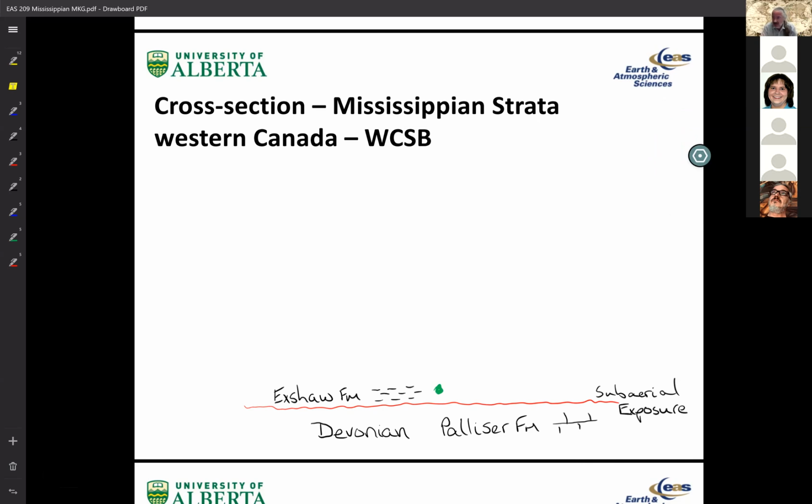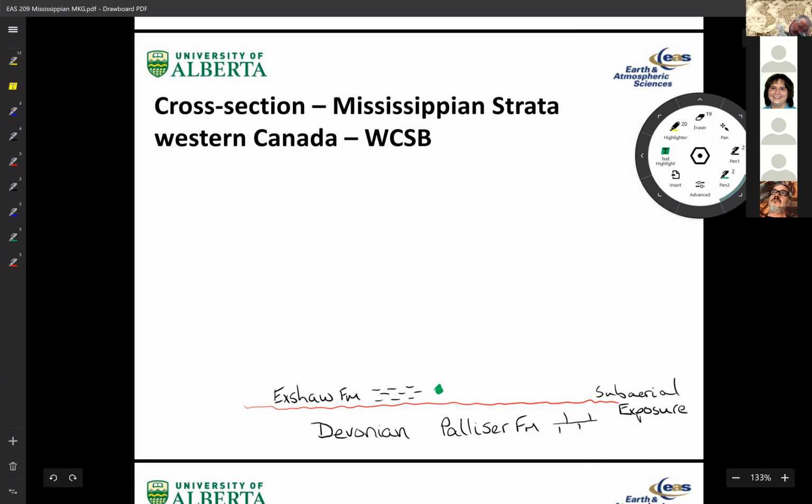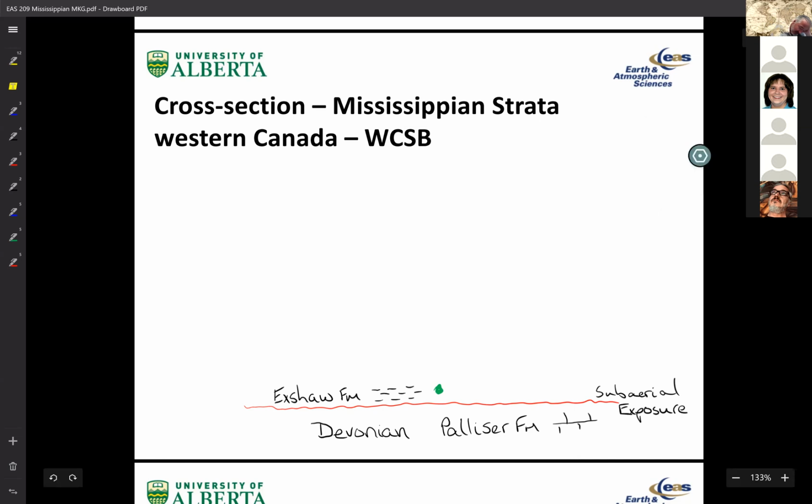So the green dot just means it's oily. It's gassy too, so we can put a red dot there as well, but let's focus on it as a source rock. This is a marine environment. It was subaerially exposed here, but now this is a marine shale.